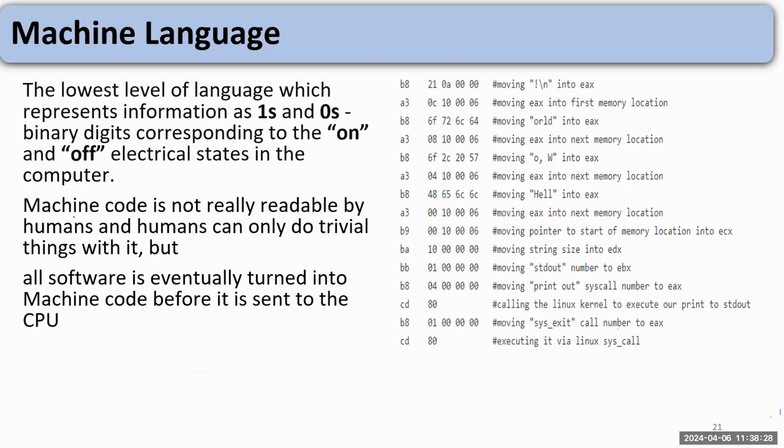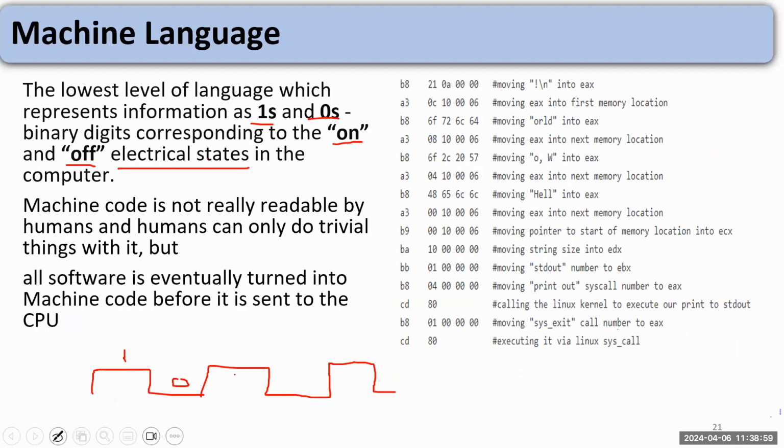So here is some machine language. As I said earlier, information is represented only by ones and zeros, normally denoted as the on state and the off state in electrical terms. That means if the power is on, the current is 1, otherwise 0. This is the same in the electrical or electronics platform, 1, 0, like that.